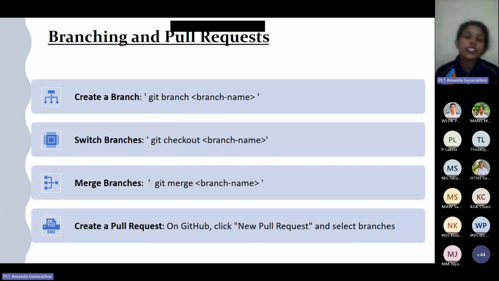That one is branching and pull request. There are mainly three branching steps before creating a pull request. To create a branch, we can use git branch and the name of the branch we want to create. You can add whatever name you prefer.